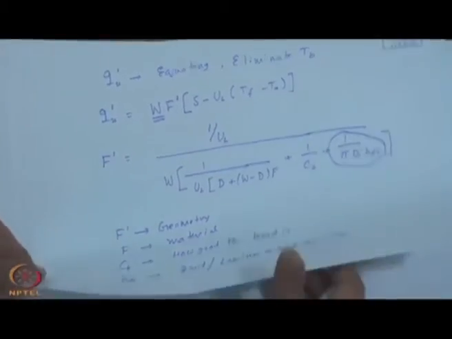So, that this pi D_i h_fi will be large and 1 by pi D_i h_fi will be small. The resistance due to convection will be small.